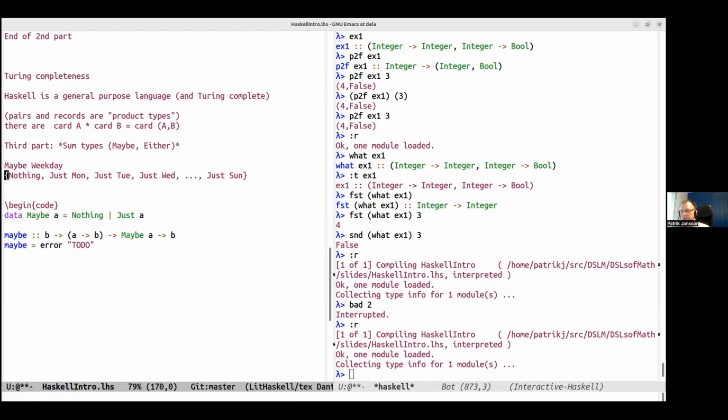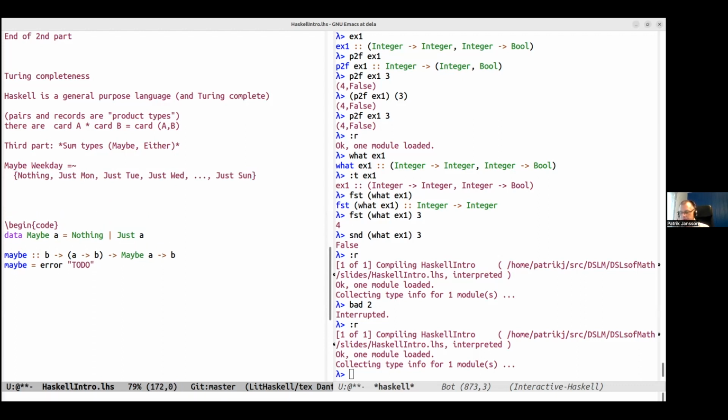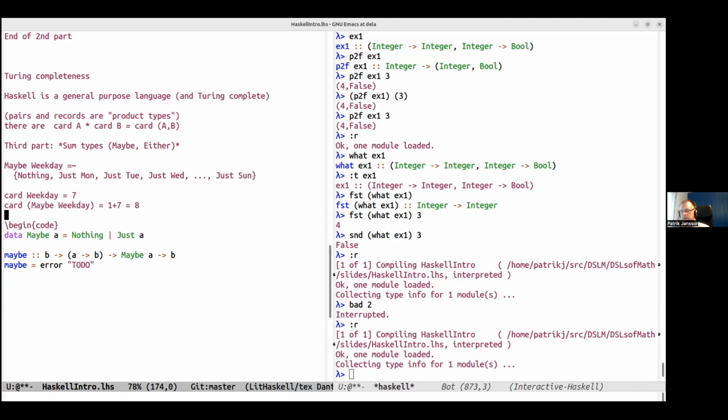These are the values in the type Maybe Weekday. So the cardinality of Weekday equals 7, and the cardinality of Maybe Weekday equals 1 plus 7 equals 8. So the Maybe type constructor takes a type A and adds one extra value called Nothing.